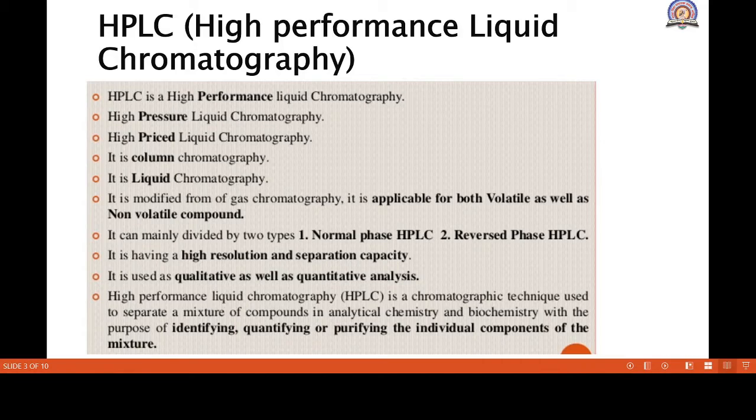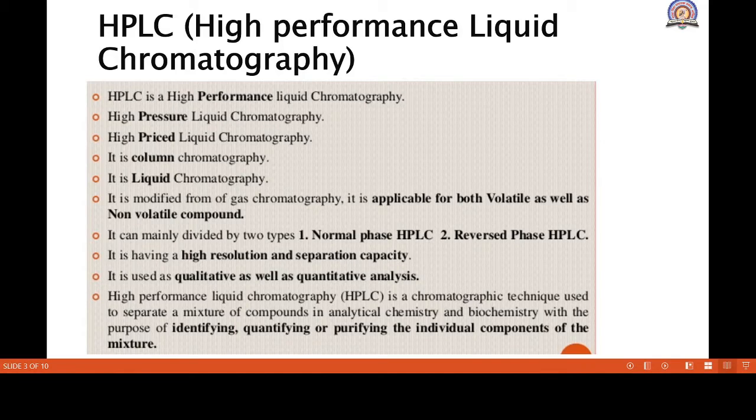It can mainly be divided into two types: normal phase HPLC and reverse phase HPLC. It has high resolution and separation capacity.